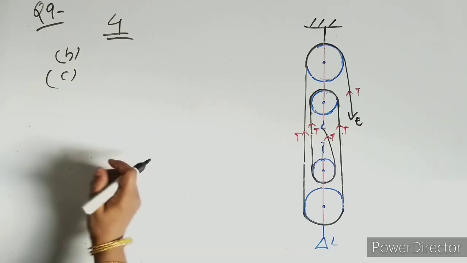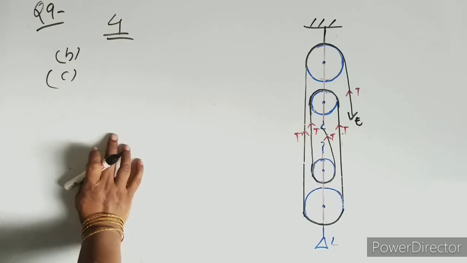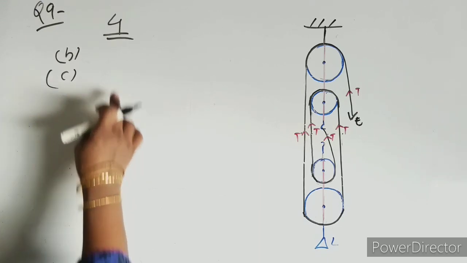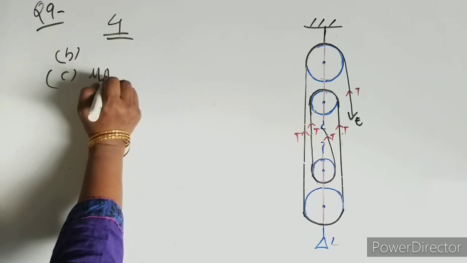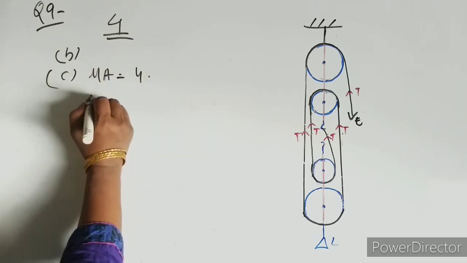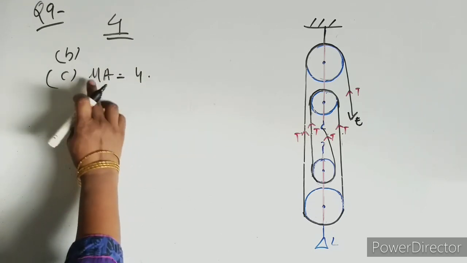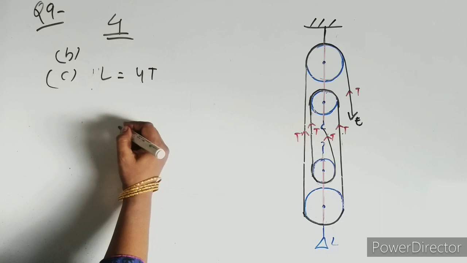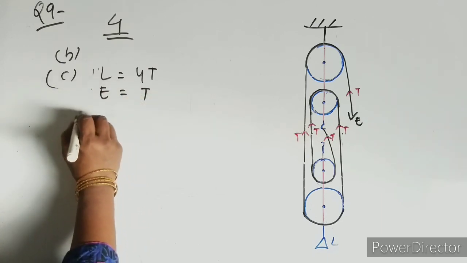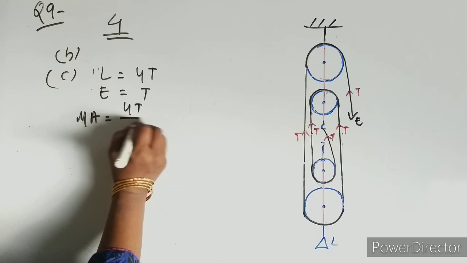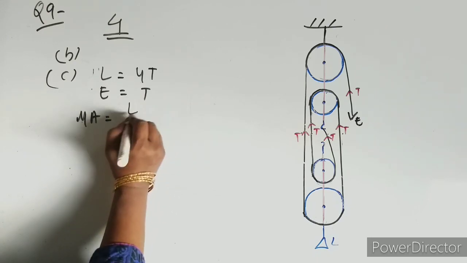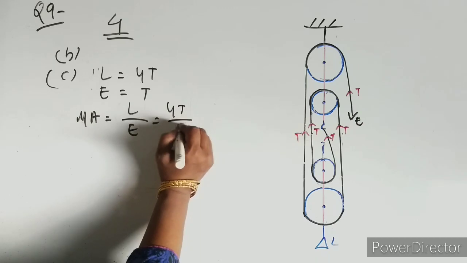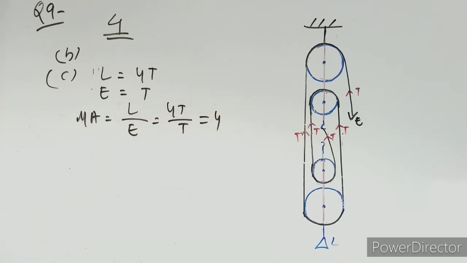As the number of strands is 4, obviously the mechanical advantage is also 4. The load is supported by 4 tension and the effort is supported by tension. So mechanical advantage equals load by effort equals 4 tension by tension. So this one will be 4 only. Mechanical advantage also we are getting 4.